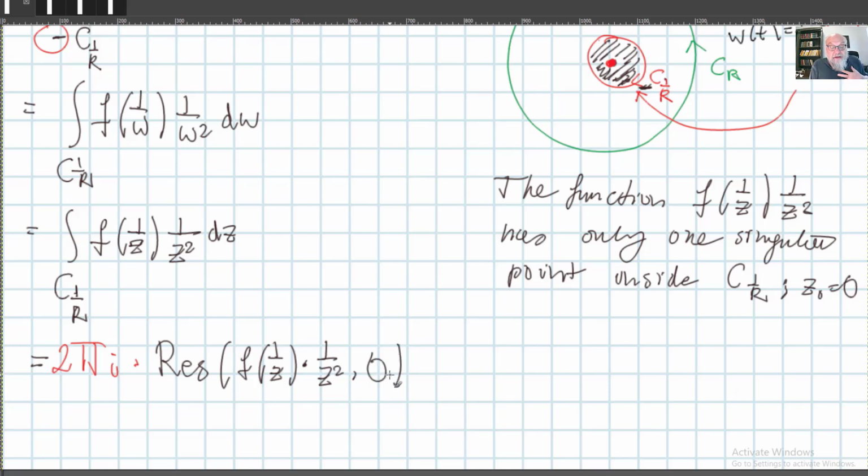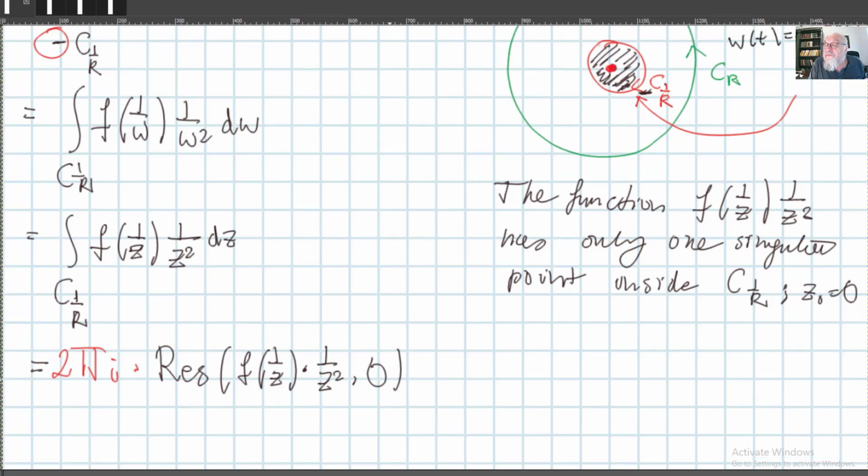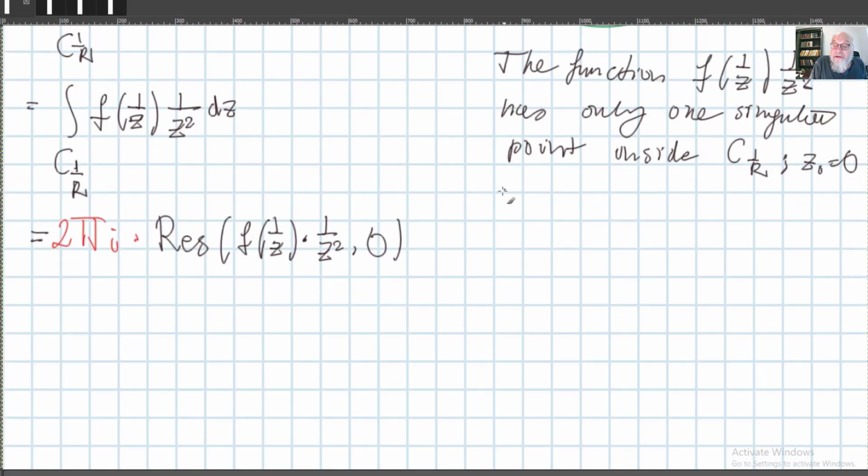So, as you notice, we are switching from one function to another function. In this case, we are trying to get the result of this particular integral in such a way that we get all the residues inside just in one shot. We compute one residue at 0 of this particular function.